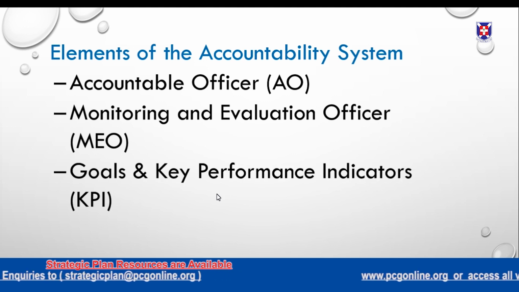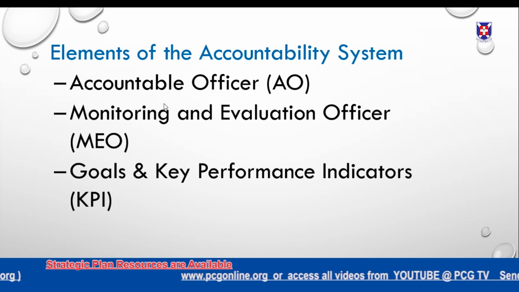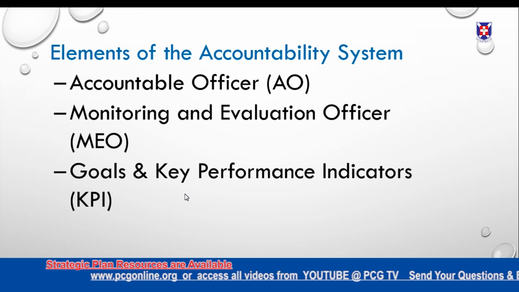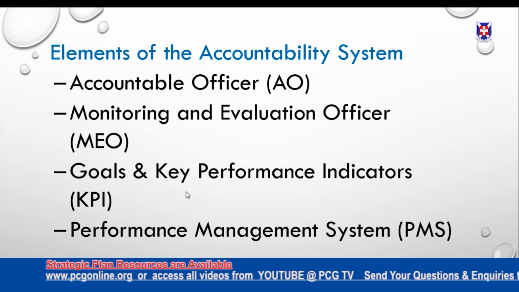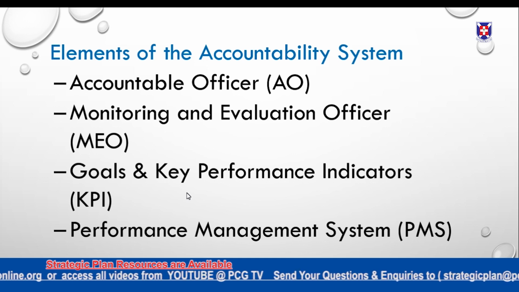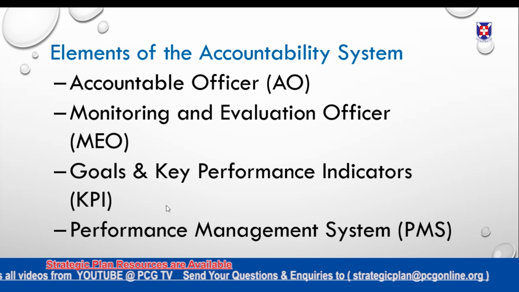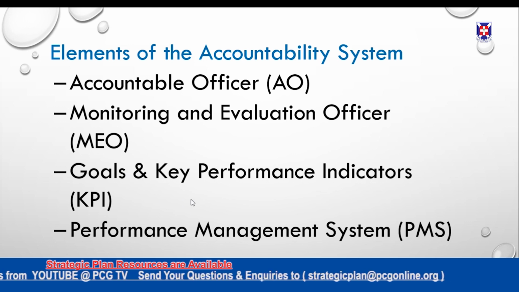Then there must be goals, and there must be key performance indicators that the accountable officer and the monitoring and evaluation officer can use to evaluate the work of each other. And of course, there must be performance management systems to hold people accountable. So we'll look at each one of these as we move on.